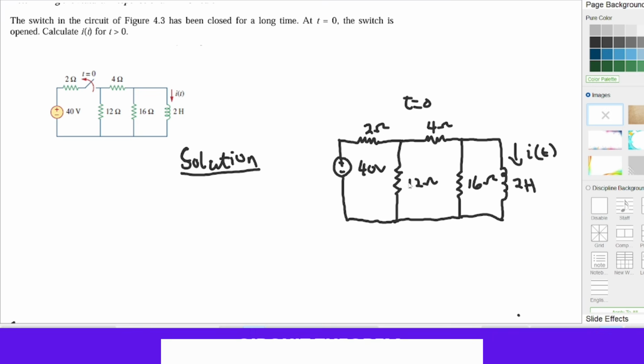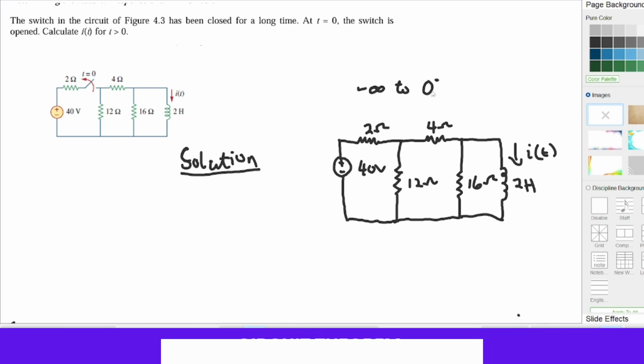Okay, so with this, we know the time before this. We can represent the time before t equals 0 as time from negative infinity, because it has been for a very long time, to 0 minus, just before the 0 itself. So what happens here?